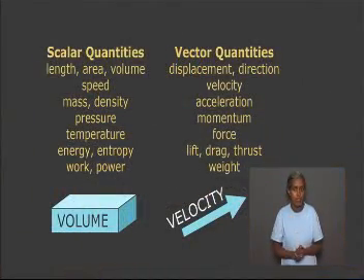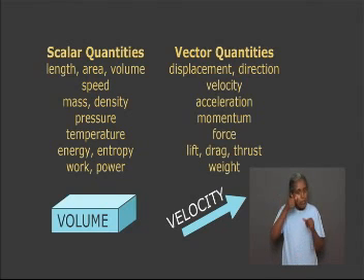How many quantities were you able to list? Let us name all the different quantities and see what you remembered. We have already been reminded that velocity is a vector quantity.